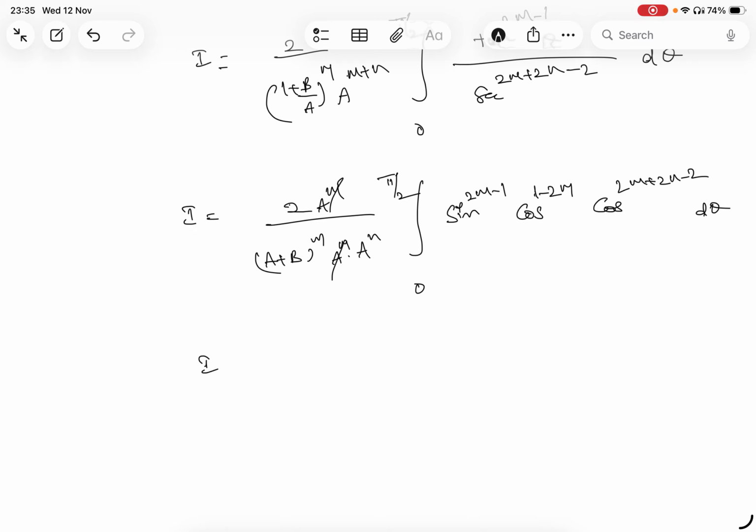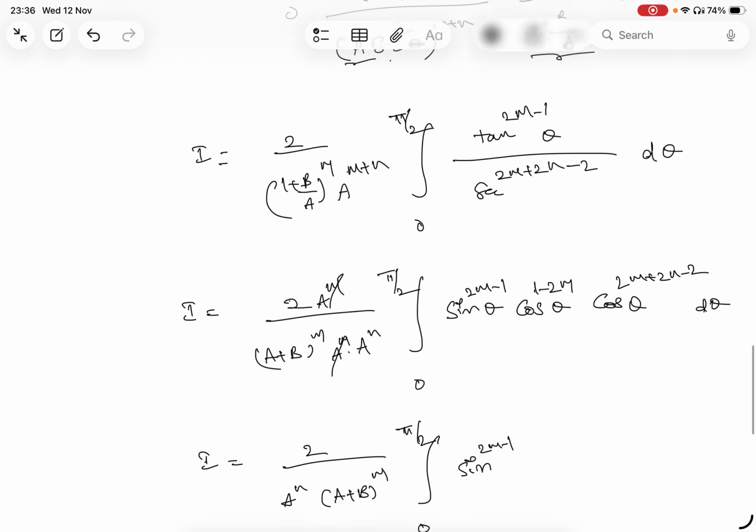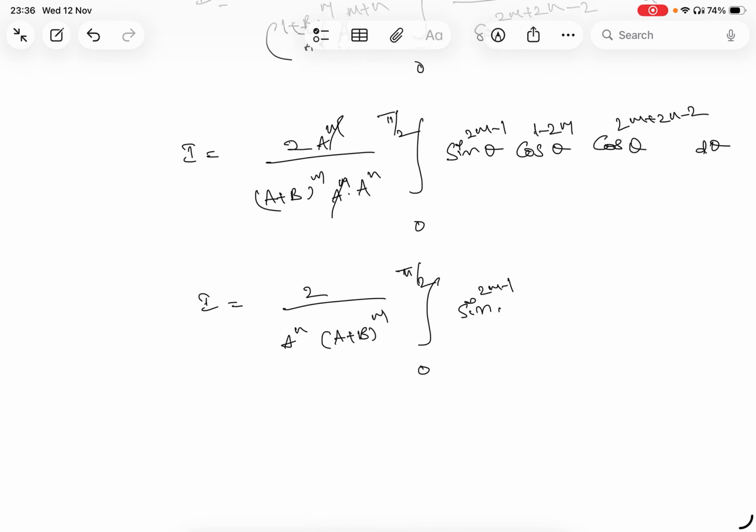Fine. Here I is 2 by a power n into a plus b whole power m into 0 to pi by 2 sine power 2m minus 1 theta. Now as you can see, this 2m will get cancelled, and you are left with cos power 2n minus 1 theta d theta.